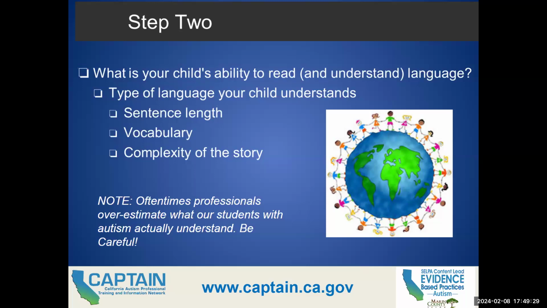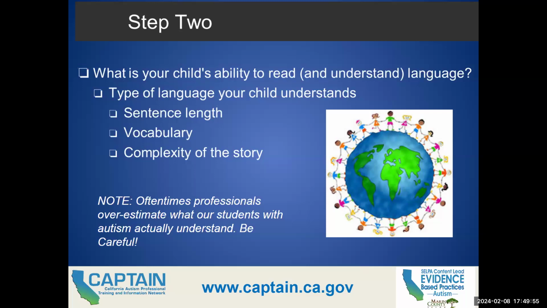Are we looking at 3-word sentences, or can we use sentences that have and, but, for, the conjunctions, right? Can we make them longer sentences? What kind of vocabulary do we need to use? For example, for a crossing the street social narrative, are we going to say automobile or are we going to say car, right?